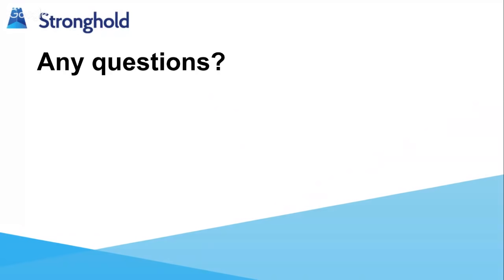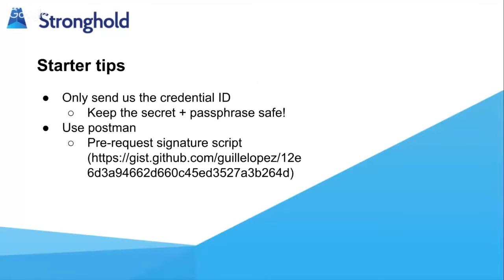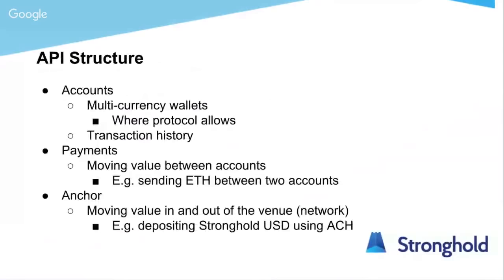So the question we received, can you please run through a use case of programmatically transferring XLM lumens through Stronghold Stellar from wallet 1 to wallet 2? Okay, so for moving lumens, we're really looking at the payment API. Our account API currently creates wallets in the venue for you.